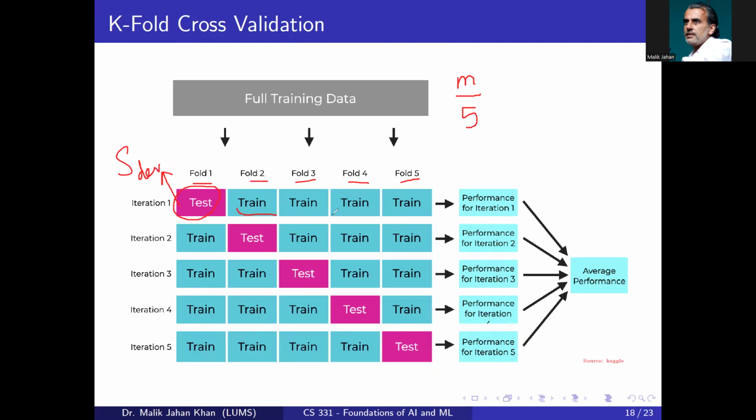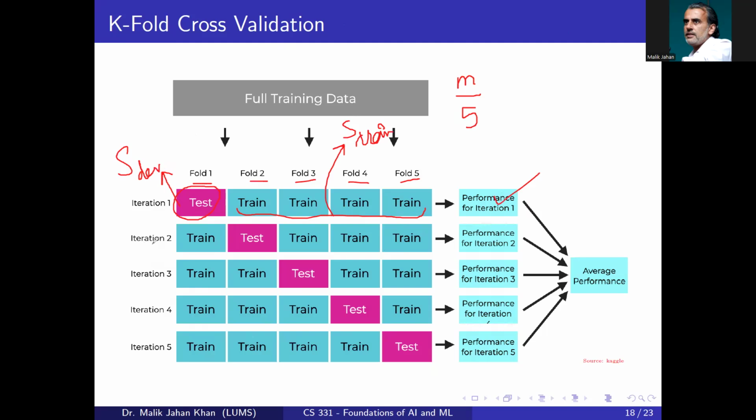And the remaining four are serving as strain in our first iteration. So we run our entire exercise, we train the model, and we evaluate its performance on SDEV, and it gives us a performance measure for this iteration, a number that tells us how good or bad it was.